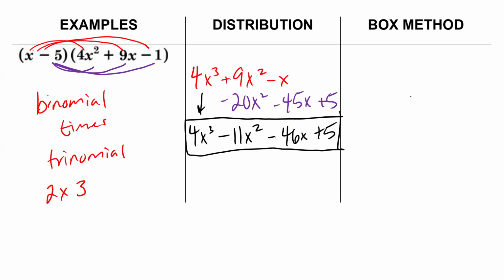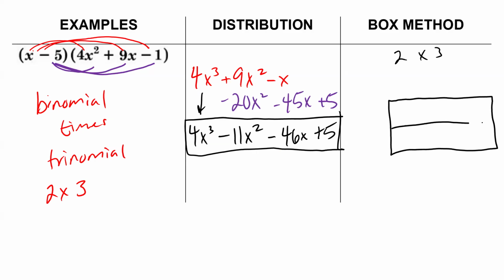Okay, if you chose to do the box method, you would have had a 2 by 3 box. On the outside, you have your x and negative 5. You would have had 4x squared, 9x, and negative 1.